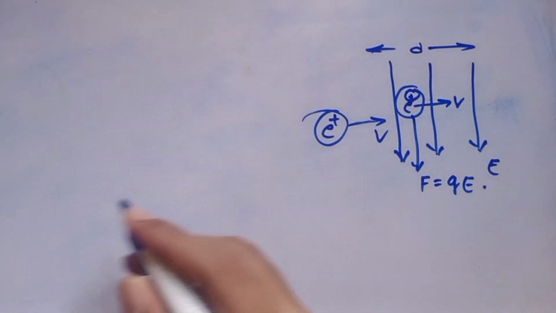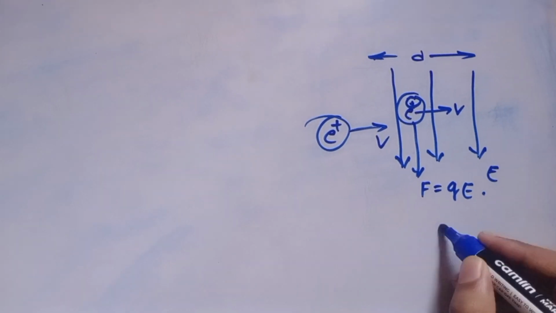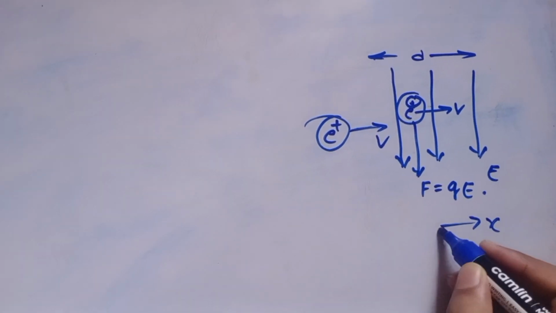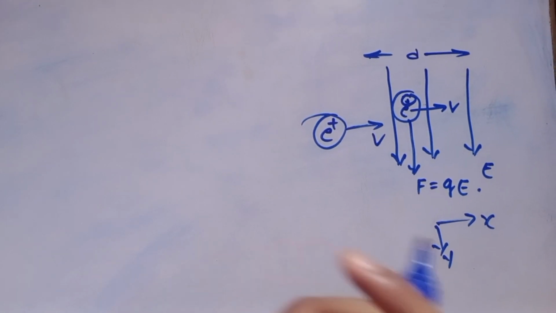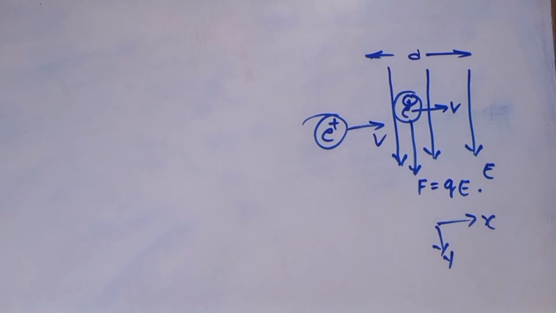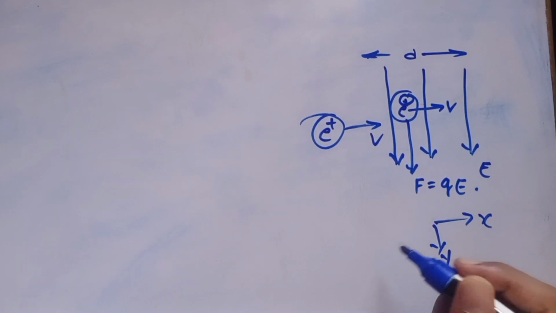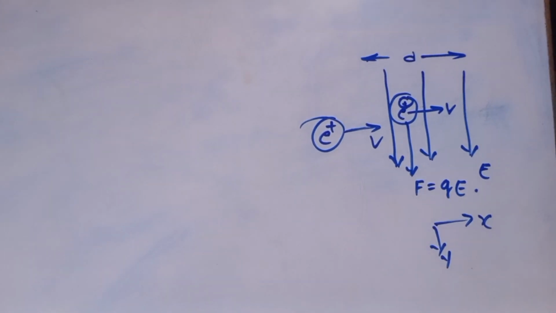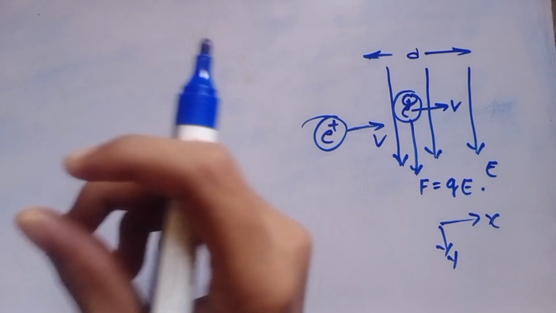As we know that this is 2D motion, x-axis and y-axis. This is 2D motion if the projectile moves in the x-axis as well as in the y-axis. And also we know that the motion of the x-axis does not disturb the motion of the y-axis.